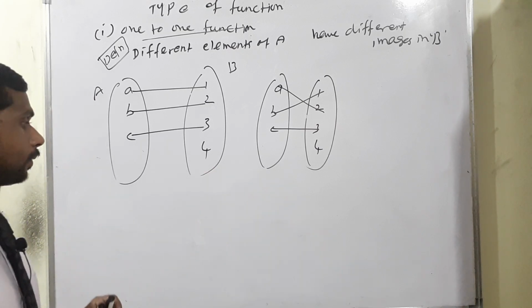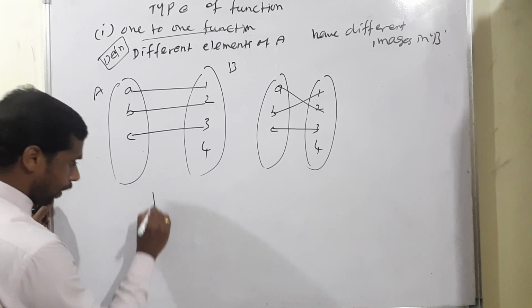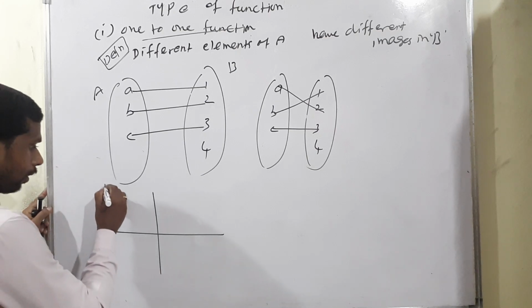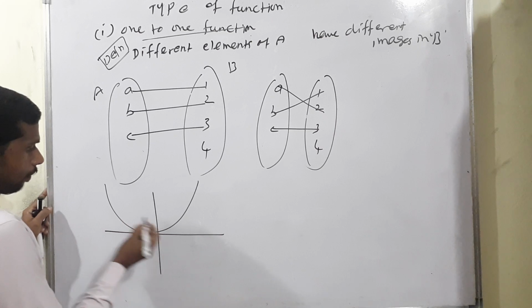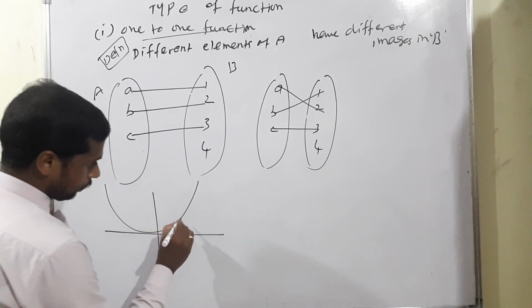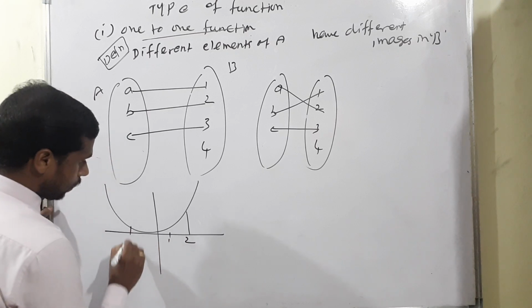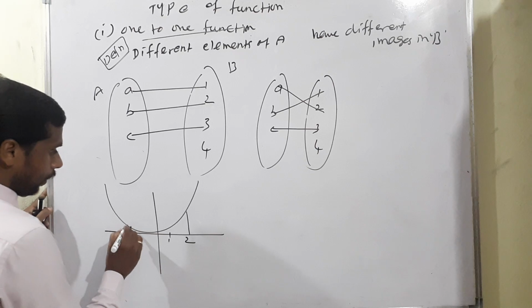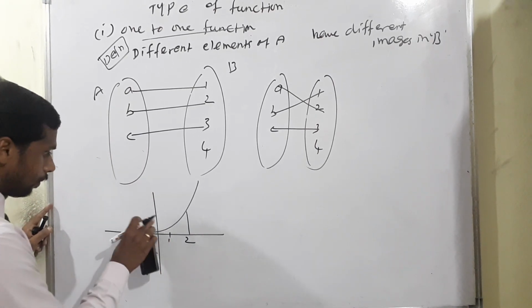For your better understanding, look here. I have taken an open upward parabola. This point is 1 and this is 2, and this is minus 1. I am equating it for your understanding, then only will you get a clear idea.